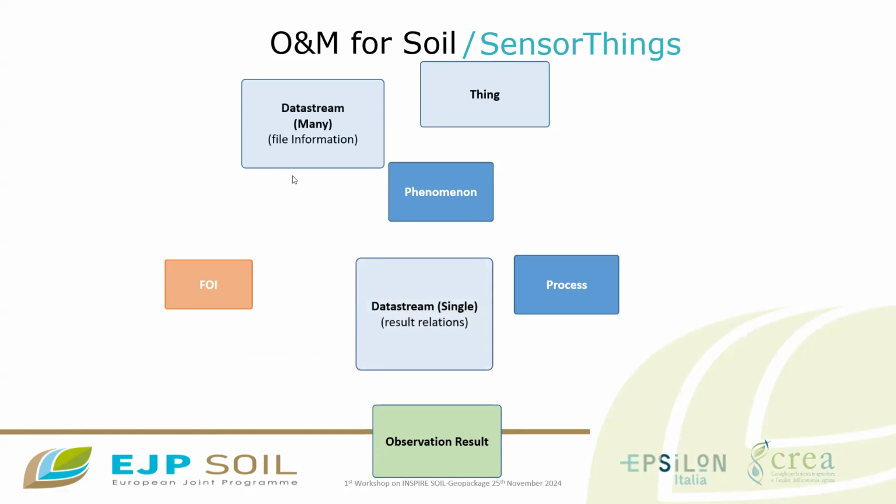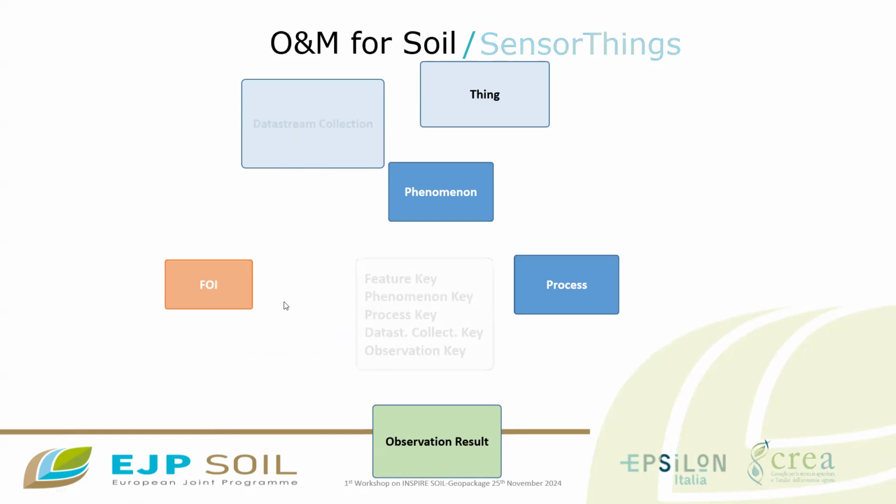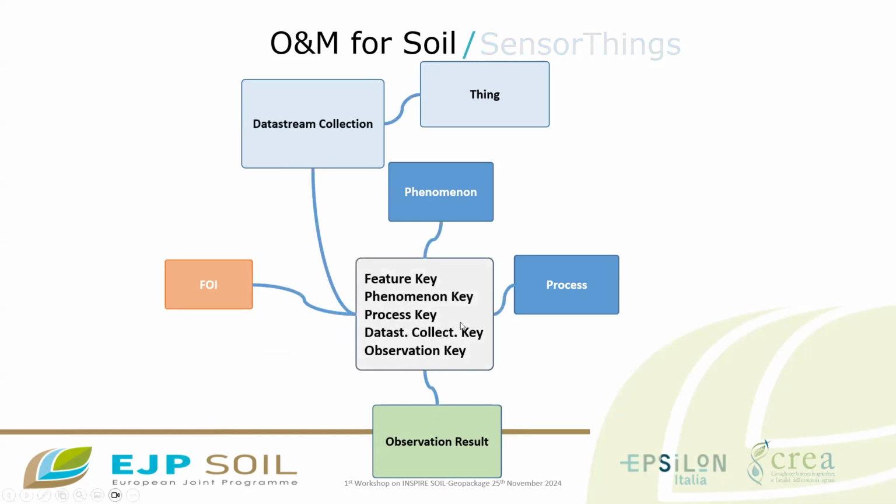For the data stream, we have a file with many data streams, and the specific single data stream with results related to the specific observations. The data stream in our table links to the feature of interest, to the phenomenon, to the process, and to the observation. It also has a foreign key that links to the data stream collection.